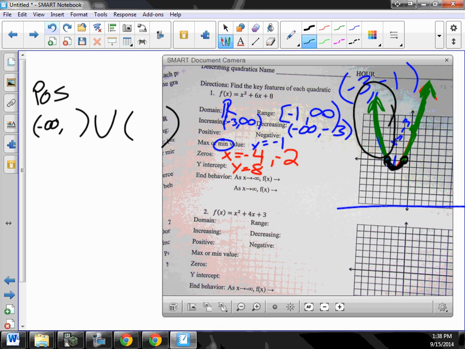How big do those x's get? From the root, right? It's positive until it hits the root, and then it switches to negative, and the root is negative 4. Then it's negative for a while. Where does it switch back from negative to positive? At the other root, which is negative 2. And how long does it remain positive? To infinity.